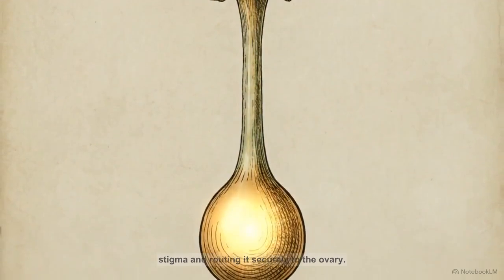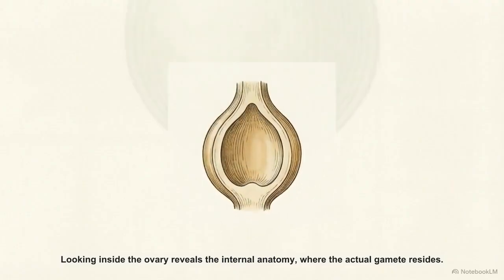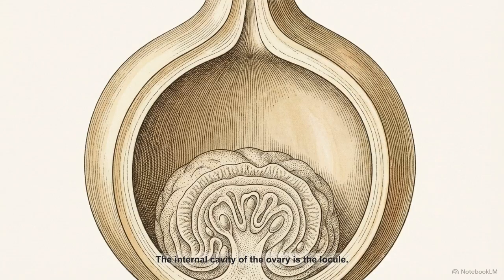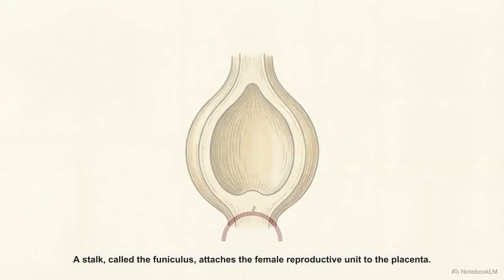ovary. Looking inside the ovary reveals the internal anatomy where the actual gamete resides. The internal cavity of the ovary is the locule. Inside the locule is the placenta, a cushion of tissue where reproductive units are attached. A stalk called the funiculus attaches the female reproductive unit to the placenta.